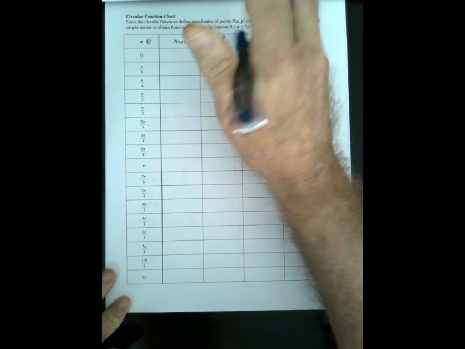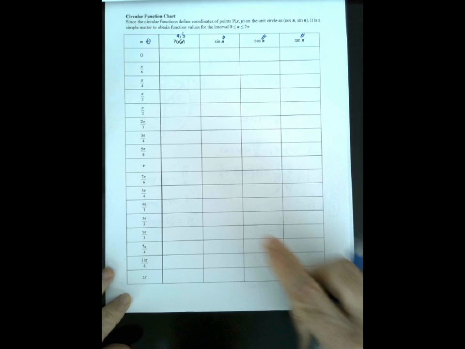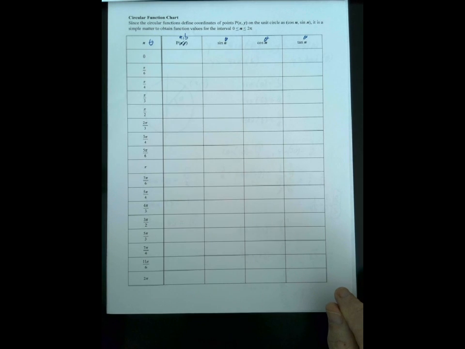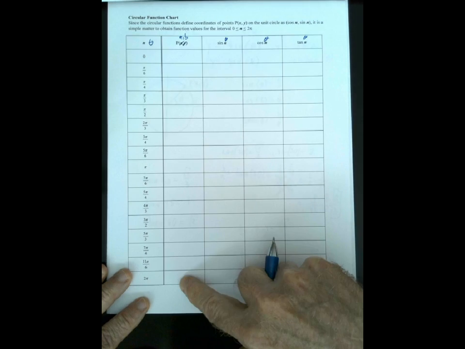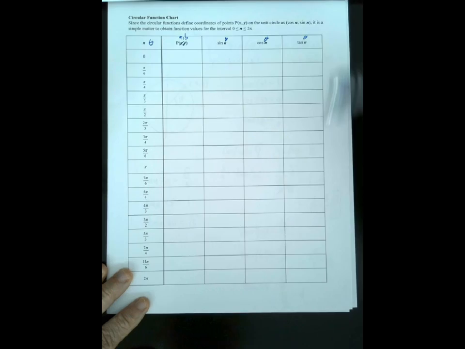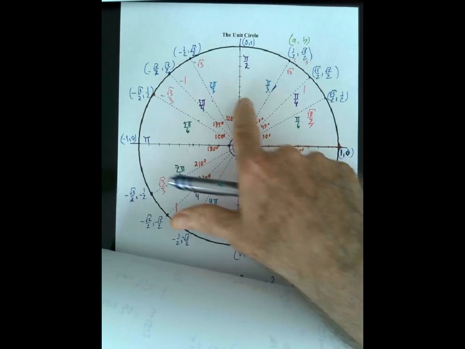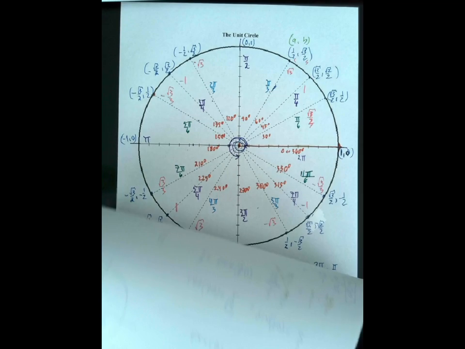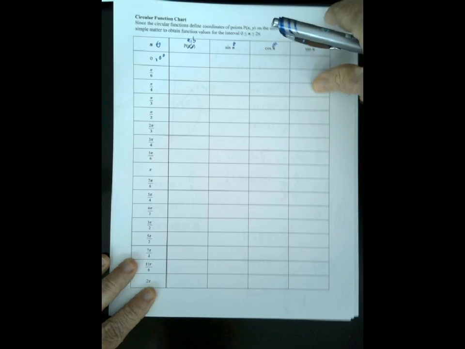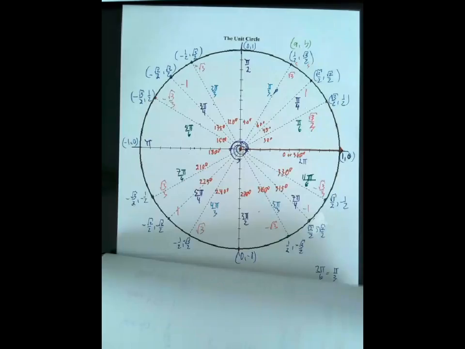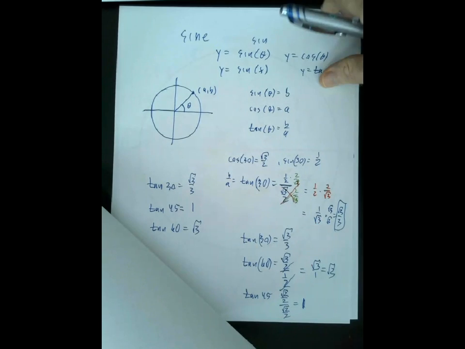It says x and y, but that's really going to be a and b, right? Those are the points from the circle. So what you're going to do on this chart, first off, is write in from the unit circle what all of the corresponding degree measures are. And I'll get you started. That's 0 degrees. That's, oopsie, that was right.